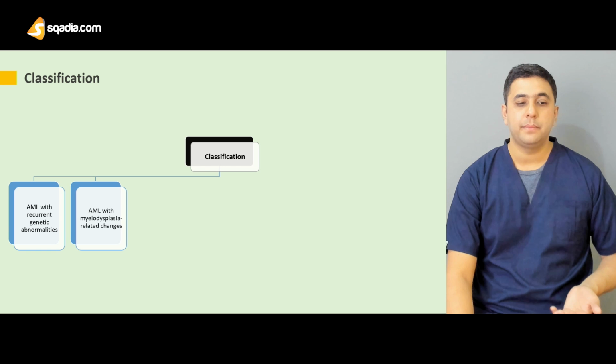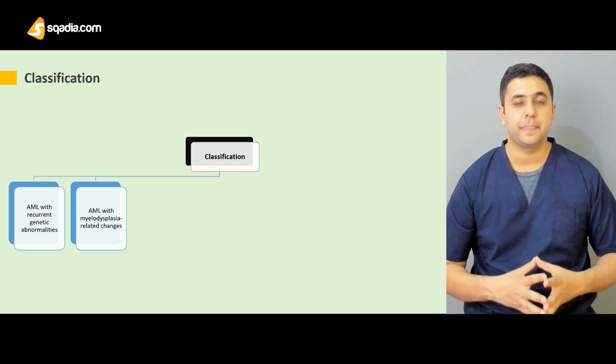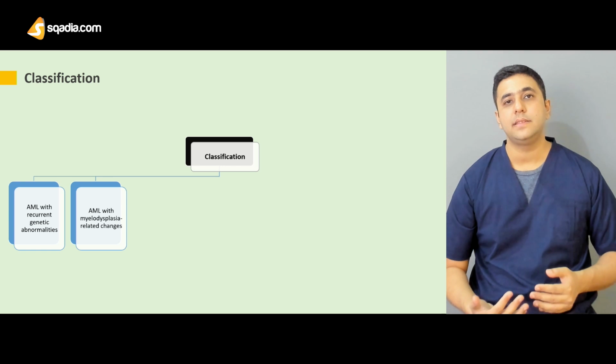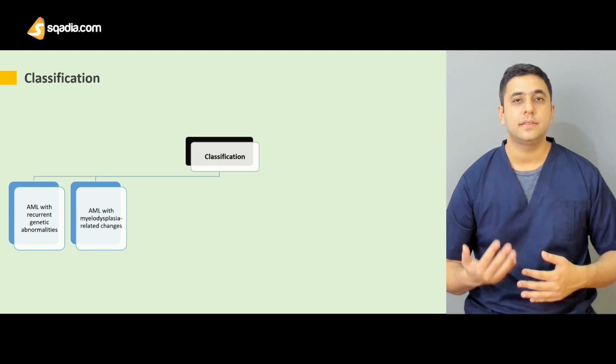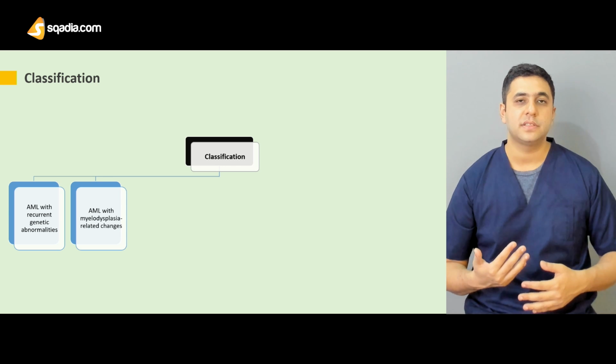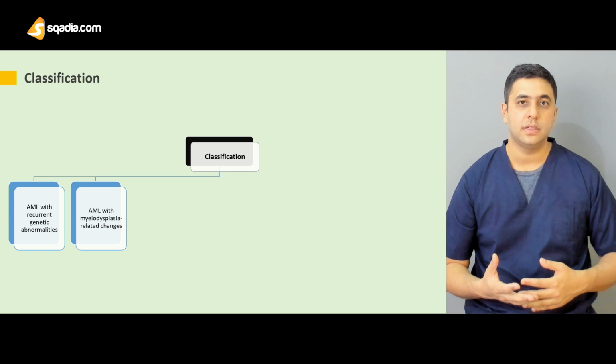Then there is AML with myelodysplasia-related changes. As we talked about previously, myelodysplasia can be a precursor lesion to AML. So any AML that has arisen from myelodysplasia previously is classified into this subgroup.